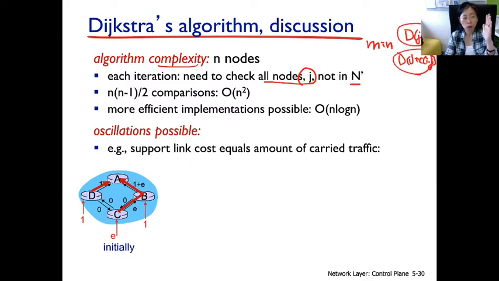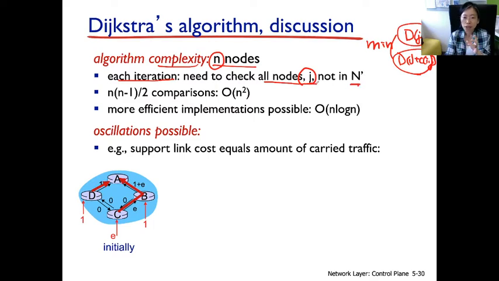So you have the looping phase, and inside there's an inner loop that is doing a lot of these value comparisons. Now, if we consider a fully connected network, that is the worst case for Dijkstra algorithm. Inside the network, there are n nodes. In the first iteration, only the source is in N prime.